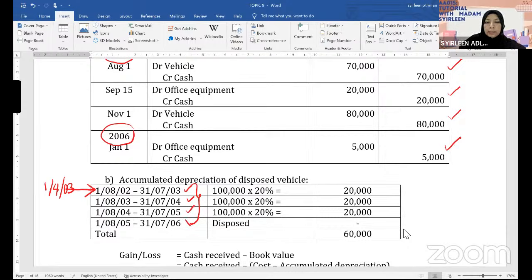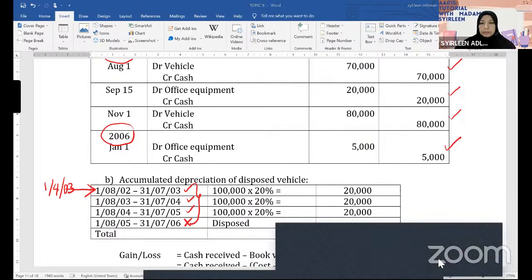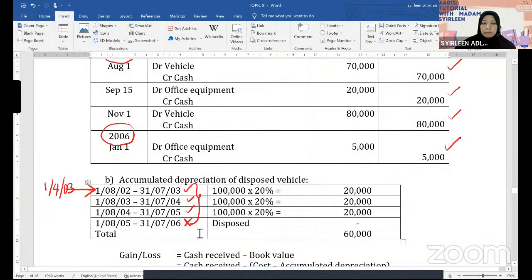Jadi yang ini tak ada catatan ya, sebab kamu accident pada 31 hari bulan kan? Just now you had an accident on January 31st. So bila kita accident on January 31st, January 31st 2006 tu ada dekat mana? Yang ni tarikh accident.